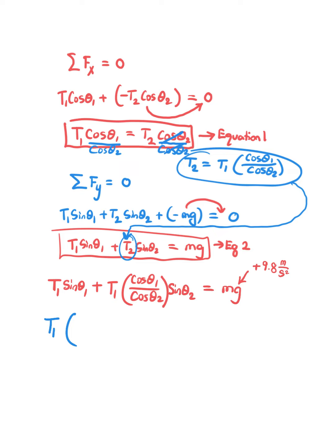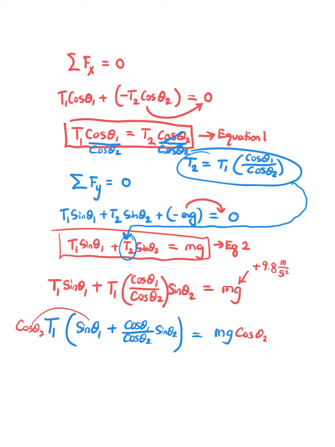So I have T1 times the quantity sine of theta 1 plus cosine of theta 1 over cosine of theta 2 times the sine of theta 2 is equal to mg. Now, what I'll do is I'll go ahead and multiply both sides by cosine of theta 2.